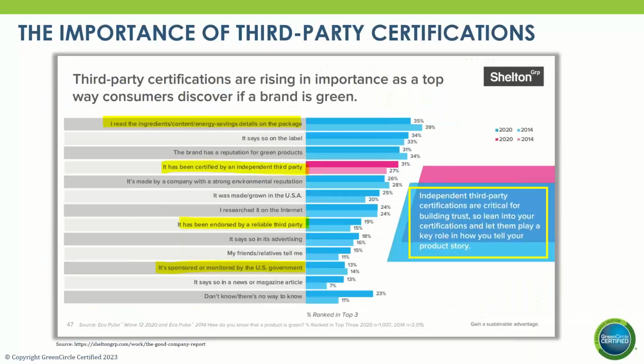The next two slides are derived from external organizations such as the Shelton Group, who have done a number of surveys over the past 20 years, and they continue to monitor what is driving consumer behavior. You can see in this chart that compares the responses from 2014 to 2020 that there is an increase in the recognition of third-party certifications, which influences the consumer purchasing decisions.